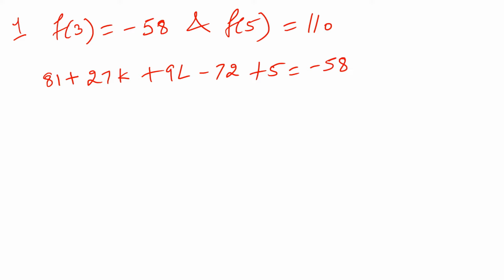Now let us solve this equation. We'll be getting 27k + 9l = −72. Right? This is going to be the first equation.